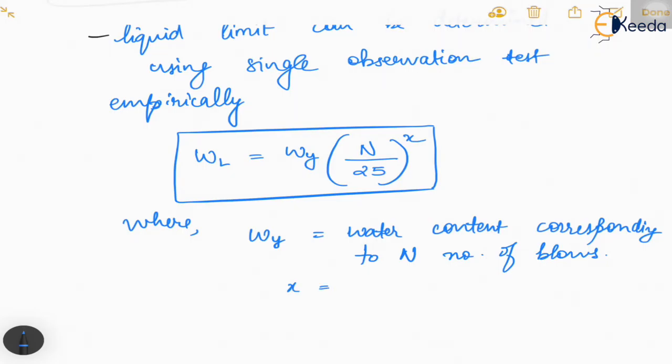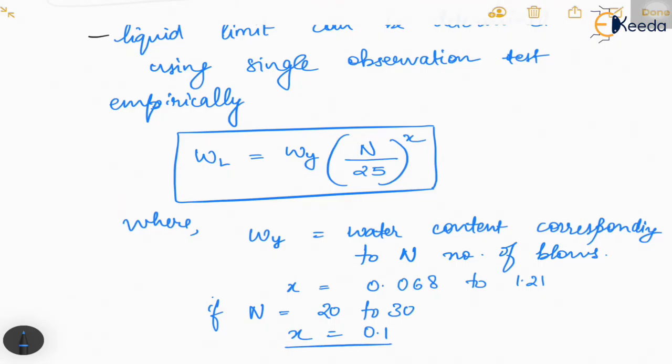The value of x might vary from 0.068 to 1.21, depending upon the type of soil, and when the value of capital N, that is the number of blows, is kept between 20 to 30, then the value of x can be taken as 0.1.